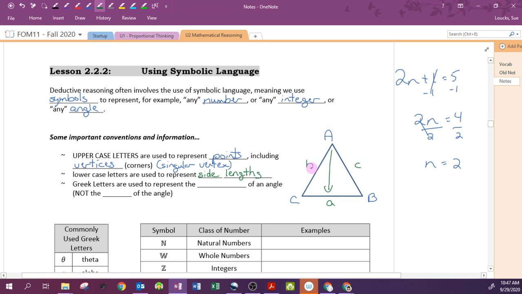So this is C and this is B. So we use the uppercase for the angle or for the vertex, and the lowercase letter for the side length. And then we use Greek letters to represent the size or the measure of the angle, not the name of the angle. So for example, I could use the Greek letter theta right here to represent the size of that angle.